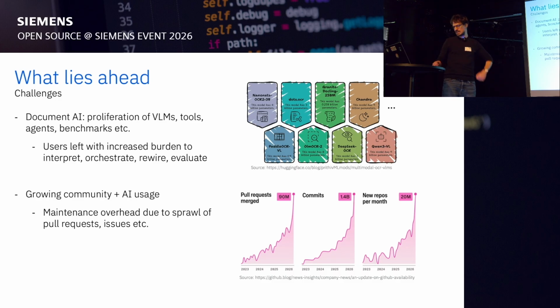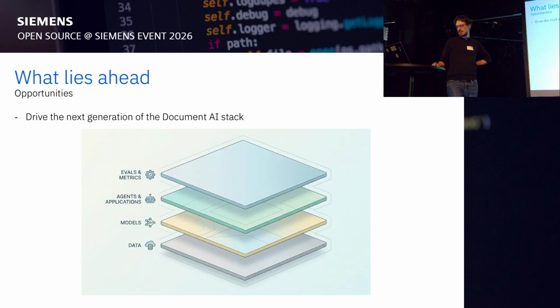Okay, but for us, what was also very relevant is there is also a proliferation of different tooling, agents, benchmarks out there. So many VLMs, you just see some of them up on the top right side that are doing documents, right? So that's another thing that the user is confronted with right now, managing those, evaluating, and so on and so forth. At the same time, though, for us, this is a massive opportunity to drive the document AI space across the whole stack.